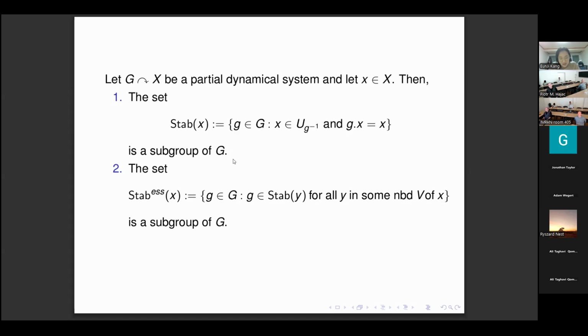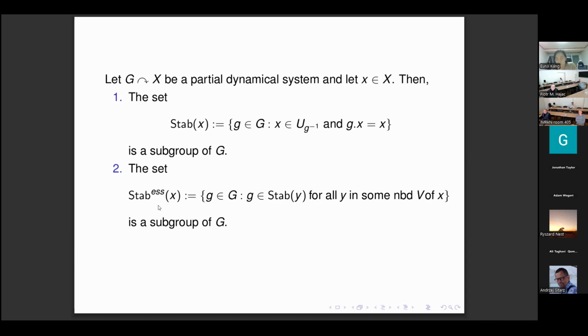Given a partial dynamical system, the stabilizer consists of all group elements that leave x unchanged under the action. This set turns out to be a subgroup of G. The essential stabilizer is a bit more subtle.